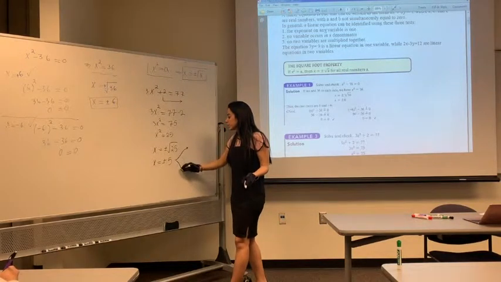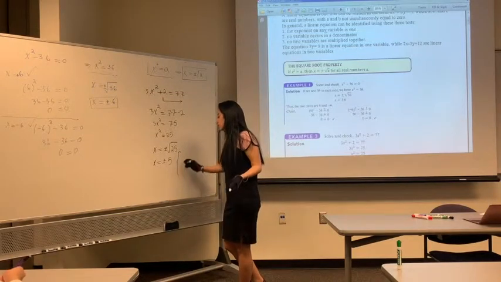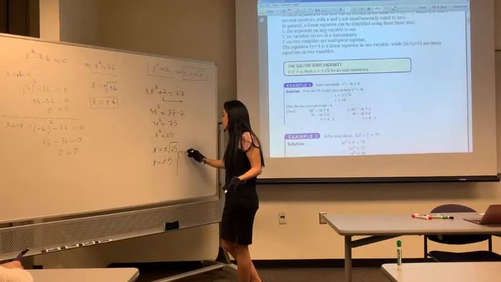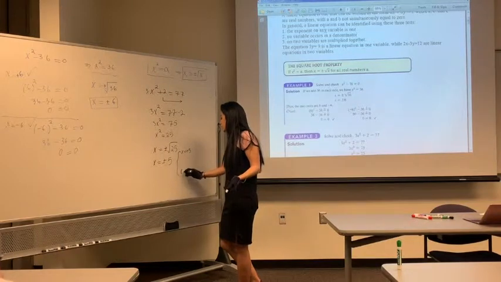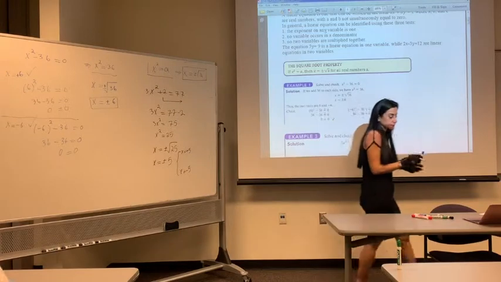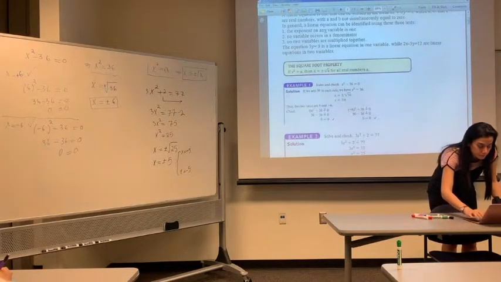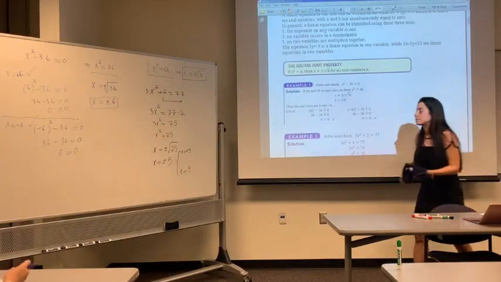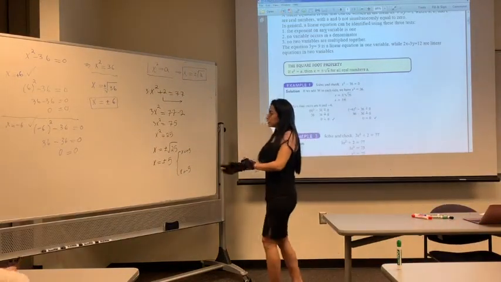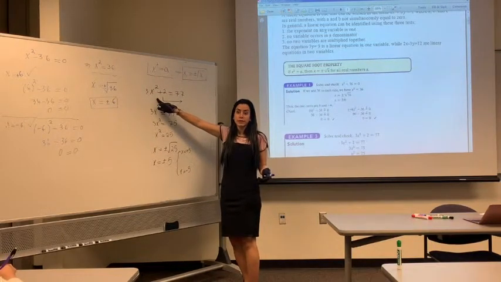So let's check them. One time, check for x equal positive 5. Another time, let's check for negative 5. Okay, so we put this back in this equation, right?